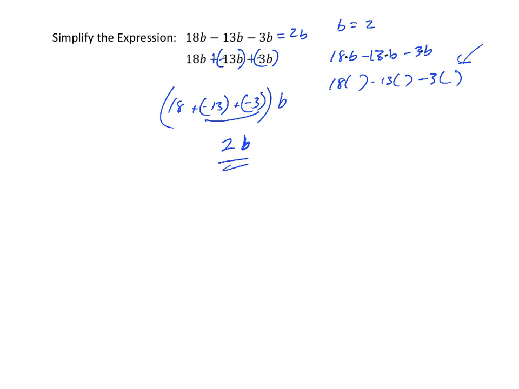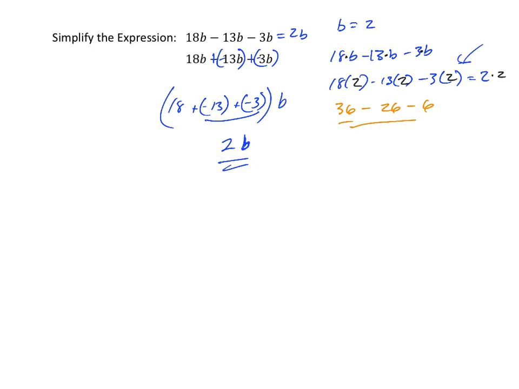So now I'm going to plug in a 2. So I put a 2 in here, and a 2 in here, and a 2 in here. And I'm going to check that to see if it's equal to 2 times, well, we said this was b, right? Okay, so this is going to be 36 minus 26 minus 6.